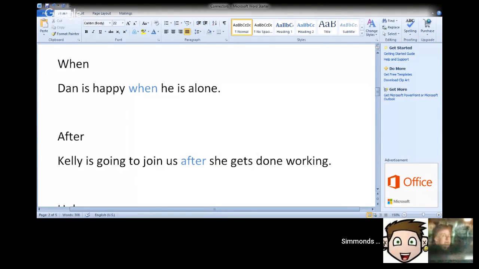Kelly is going to join us after she gets done working. Exactly. And I put gets done working because this is more colloquial. This sounds very natural to me. Okay. So this is something that I personally would say. You can say after she finishes work. You can also use it like that, but after she gets done working. Okay.